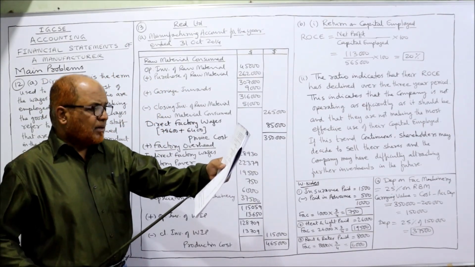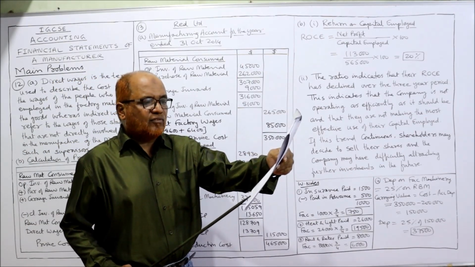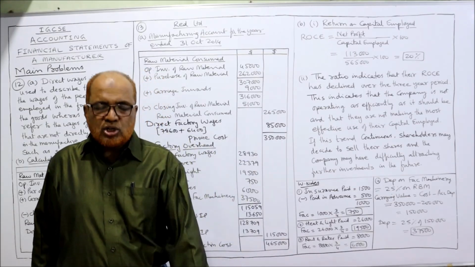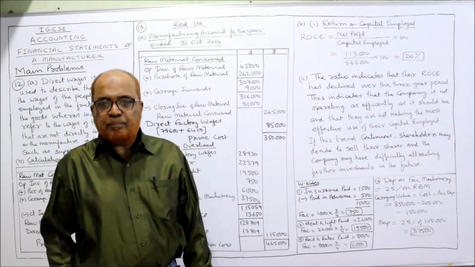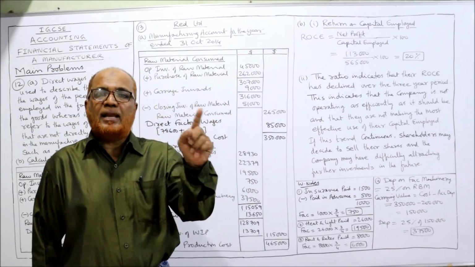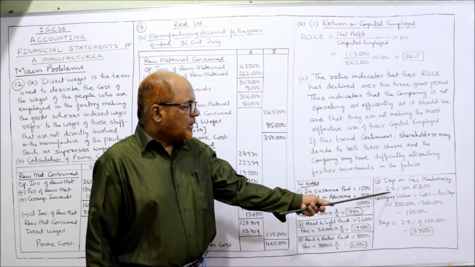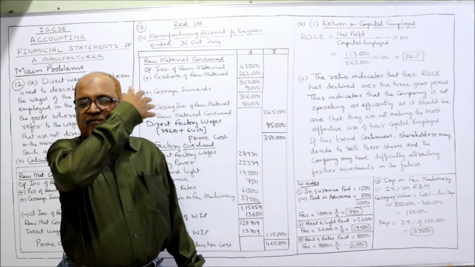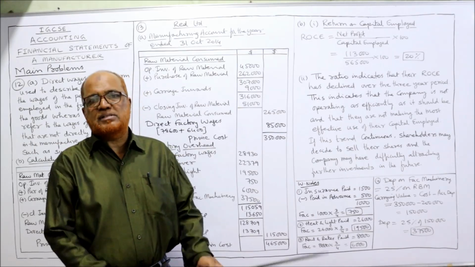Next one, factory machinery is depreciated at the rate of 25% on reducing balance method. So here I have shown the calculation. 25% on RBM. So first we calculate the carrying value. Carrying value is equal to cost of machinery minus accumulated depreciation.